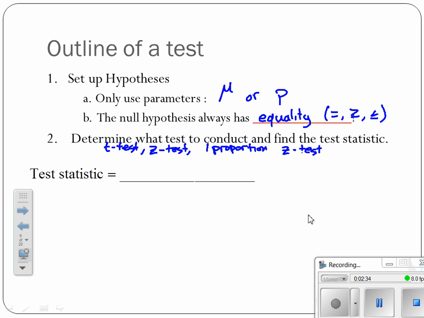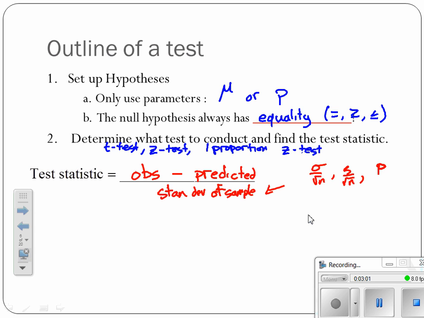The easiest way to consider a test statistic is the observed value minus the predicted value over the standard deviation of the sample. Depending upon the type of test, that could be sigma over the square root of n, it could be s over the square root of n, or it could be the square root of pq over n.